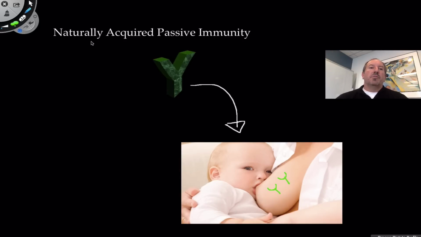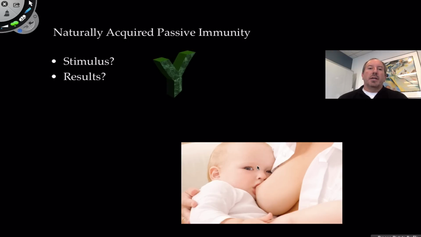And so this is what we call natural, because breastfeeding is natural. It's not a shot. And it's passive. And you're like, well, why is it passive? Because the stimulus is breastfeeding, and the result is that these antibodies are passed from the mother. And so the baby's getting all of these awesome antibodies that are circulating in the baby from the milk.